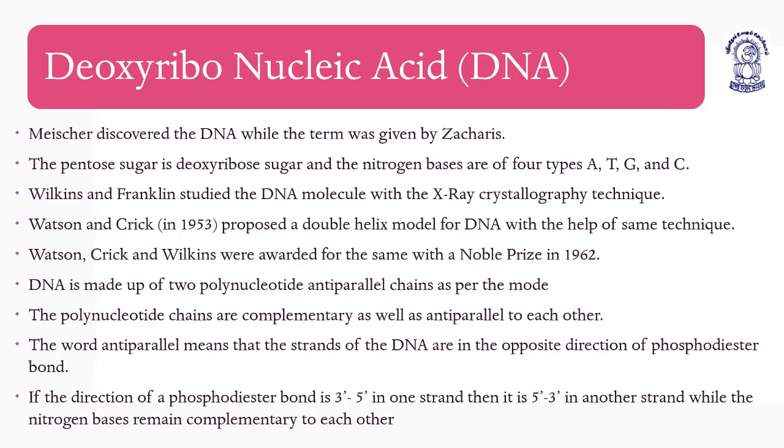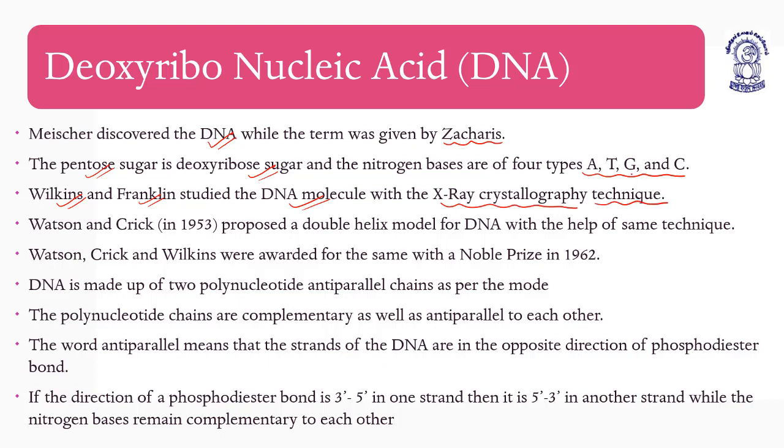Deoxyribonucleic acid. Miescher discovered DNA, while the term was given by Zacharias. The pentose sugar is a deoxyribose sugar, and the nitrogen bases are of 4 types: A, T, G, and C. Wilkins and Franklin studied the DNA molecule with the X-ray crystallography technique.